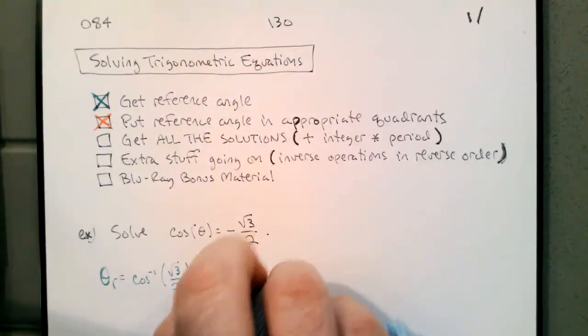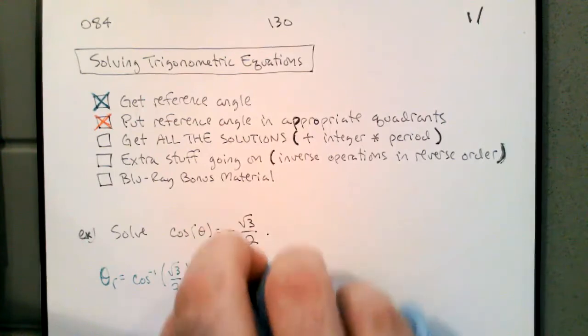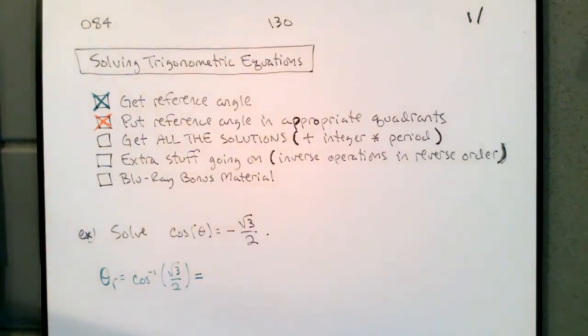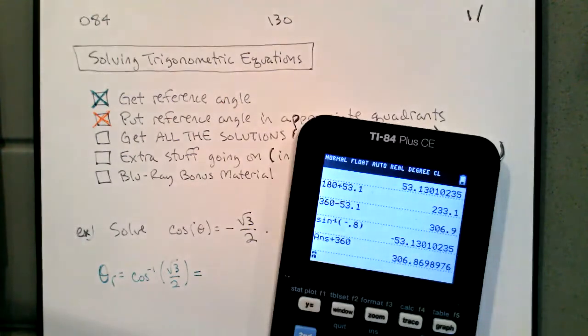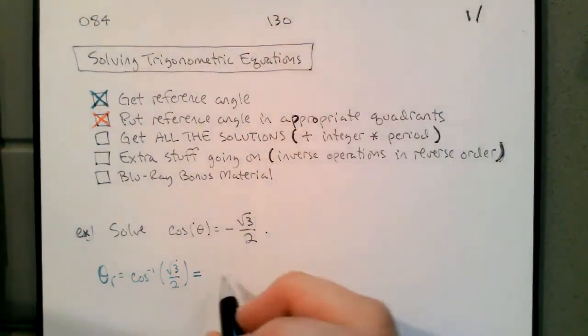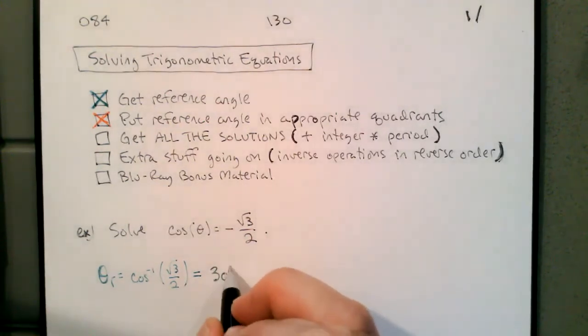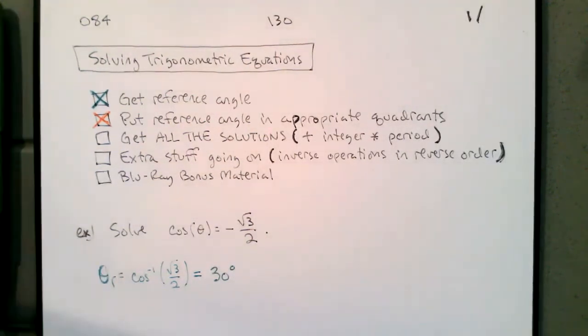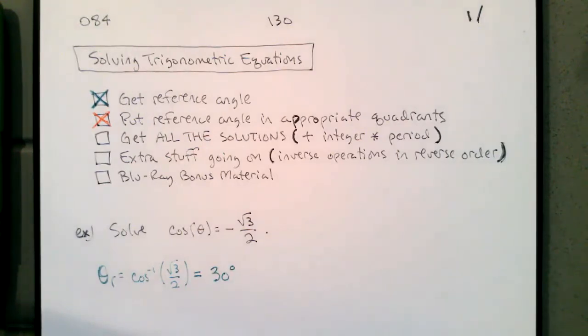I'll put that out there. 30. I hit Control C on my mind. So we got a 30-degree reference angle, right? Yeah.